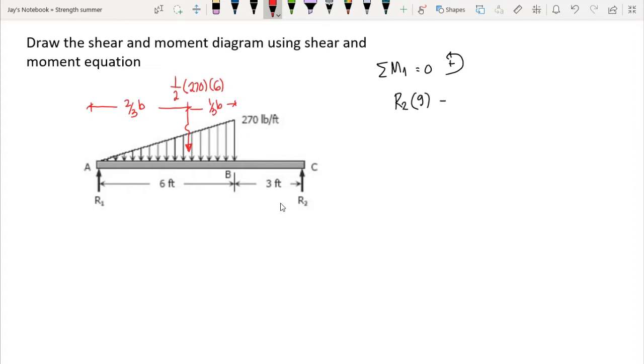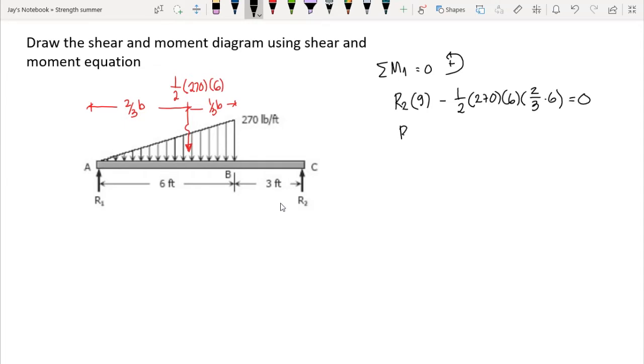So we have the triangular load, that is 1/2 times 270 times 6, times the moment arm from A, that is 2/3 of our base, where our base is 6, the length of action of our triangular load, and is equal to 0.